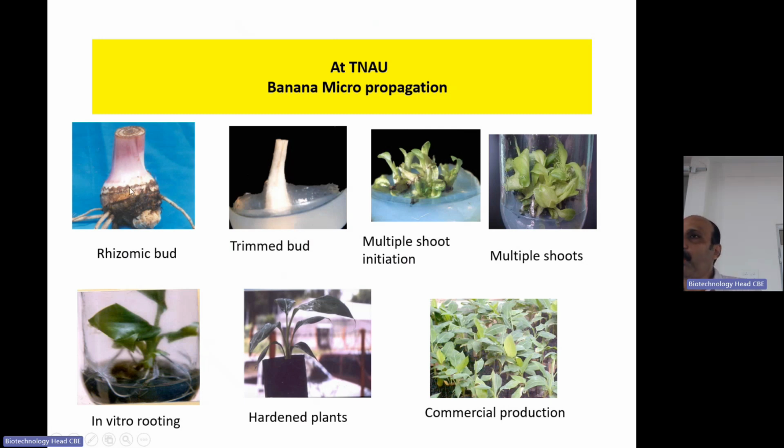We need to remove all that, right? Why do we need to remove all the sheaths? To access the meristem or the shoot tip. Inside it will be the shoot tip. We need to get the shoot tip of banana, right? So why is the shoot tip in the rhizome, not at the top of the plant?